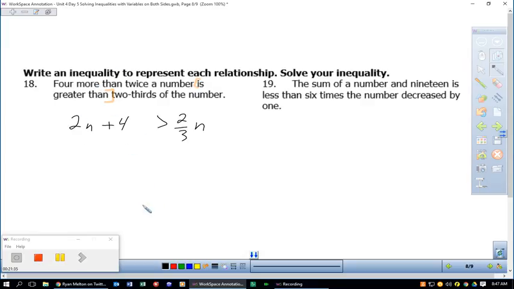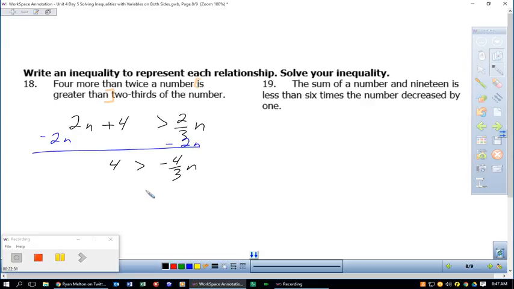Okay. So let's subtract. Which way do we want to go? Left to right. Okay, so subtract 2n. If you need to, grab your calculator, figure out what 2/3 minus 2 is. It should be negative 4/3. Yep, negative 4/3 n. We keep our sign for now. Are we going to have to flip our sign?